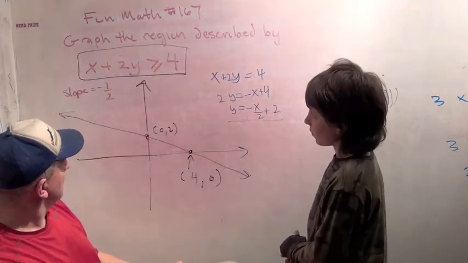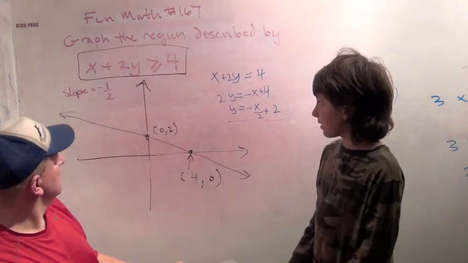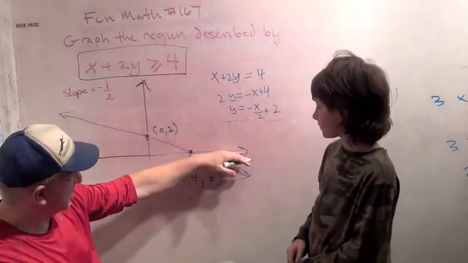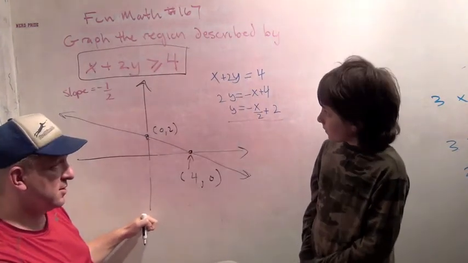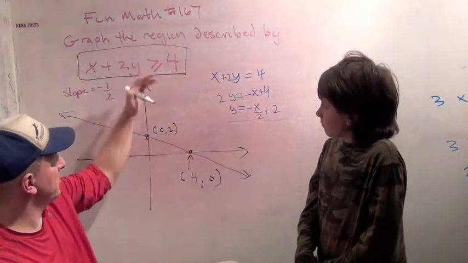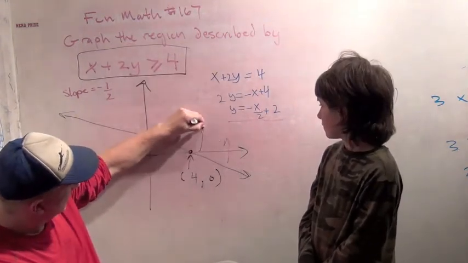And when y is 1,000,000 and x is 0, it's greater than 4 as well. So we check large points on the axis. Now what if we check down here when x is 0 and y is minus 1,000,000? Are we greater than or equal to 4? No.